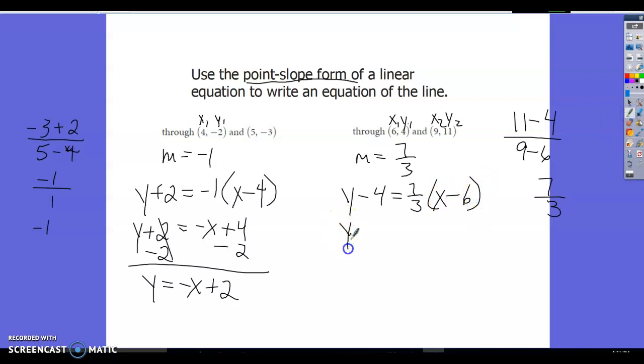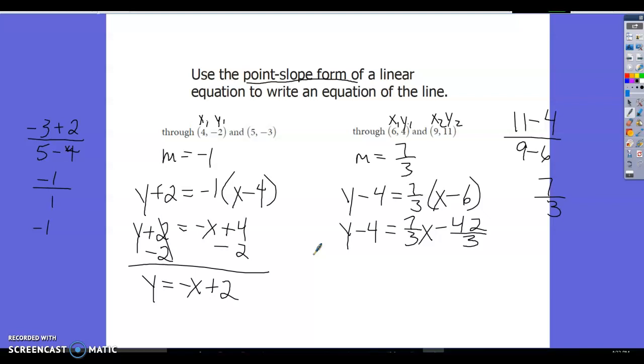So we've got y minus 4 equals 7/3 x. And then here we're going to multiply the numerator because that's like 6/1. So we're going to have negative 42 over 3.